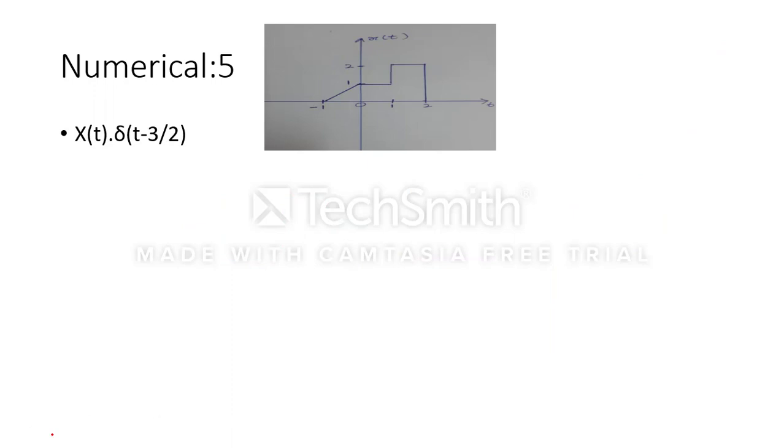Now next, we have to multiply x t by delta t minus 3 by 2. Here we have two methods. Either we use the plotting method, or the second method is directly using the sampling property. If you remember the sampling property, x t multiplied by delta t minus t naught is equal to x t naught multiplied by delta t minus t naught.